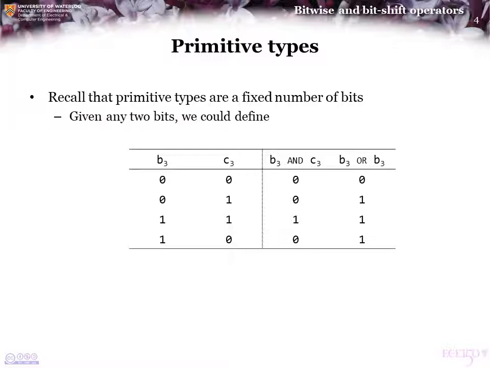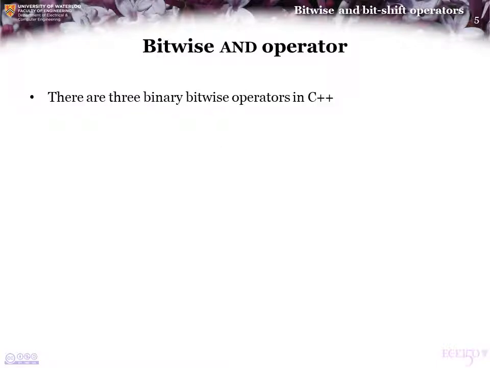And so if 2 bits were both 1, then the AND of those 2 bits would also be 1. Now, there are 3 binary bitwise operators in C++.